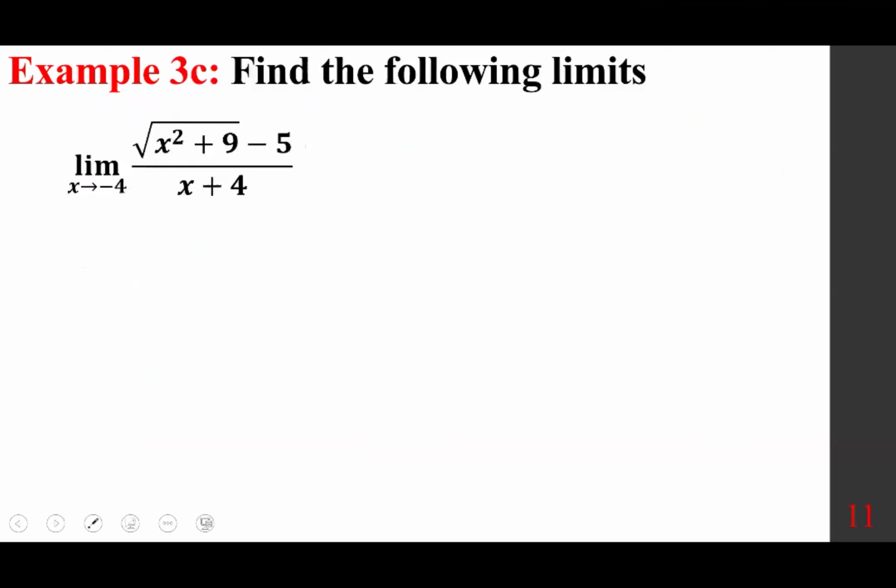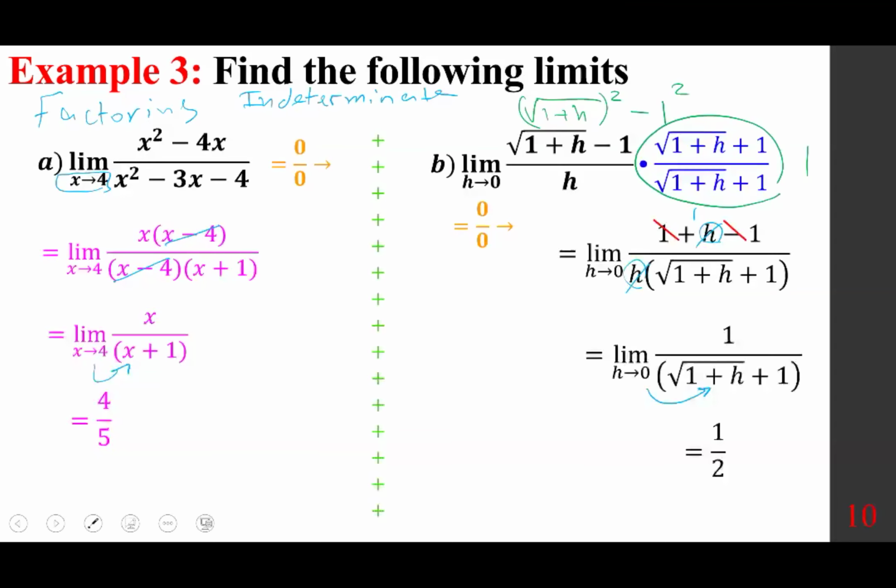So, Professor, just for further clarification, when you deal with those problems, when you have an indeterminate, you always want to factor completely and then plug in? When you get to indeterminate form, in the case of a rational expression, you factor. In the case that you have a square root, you multiply by its conjugate.